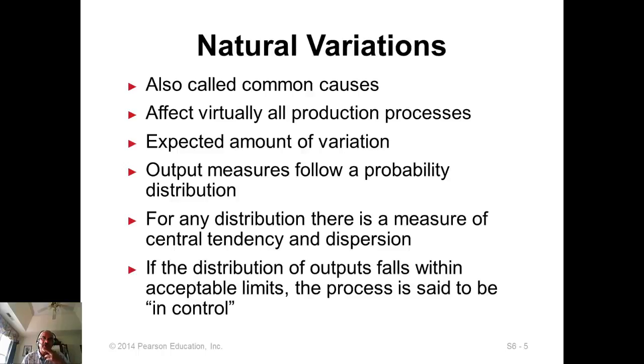If the distribution of output falls within the acceptable limits, then the process is said to be in control. This phrase has a very particular technical meaning: if the production process contains only natural variations, variations attributable to common causes, then the process is said to be in control. If assignable causes are present, then the production process is not in control.